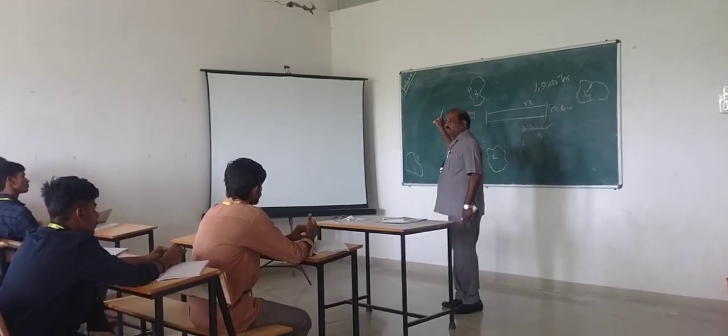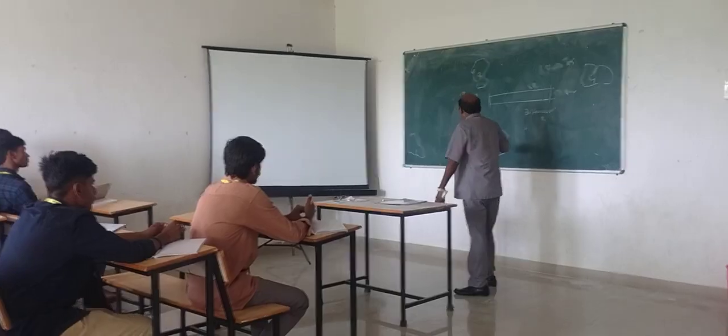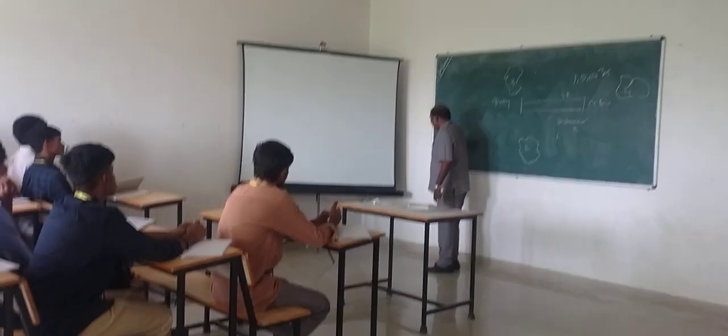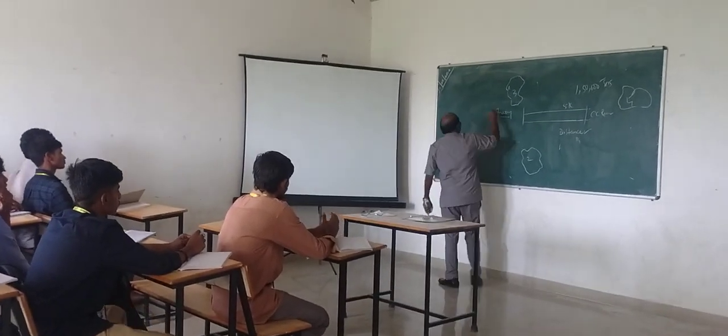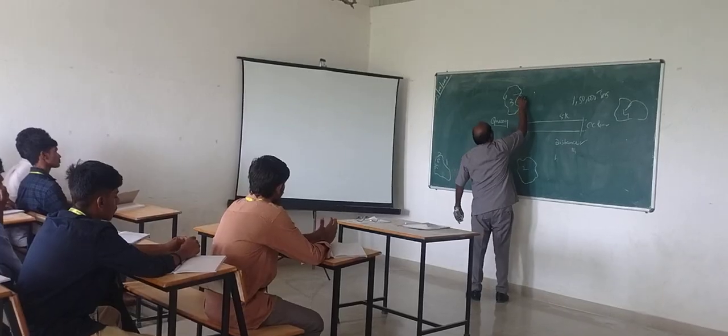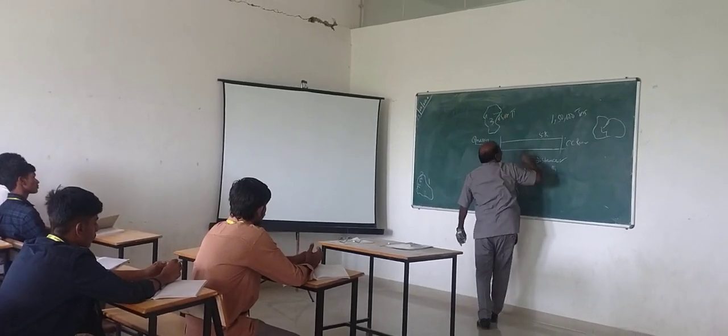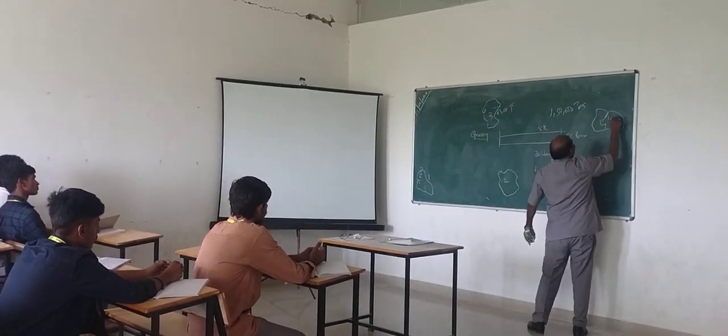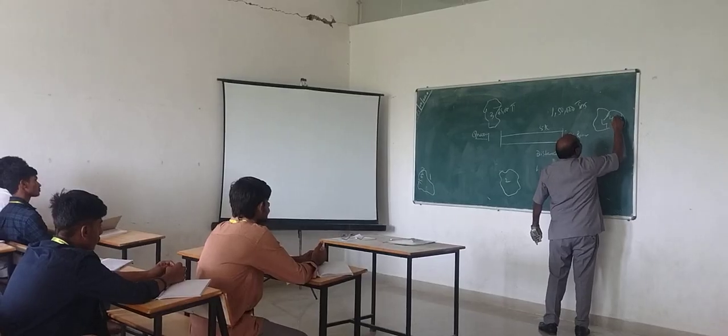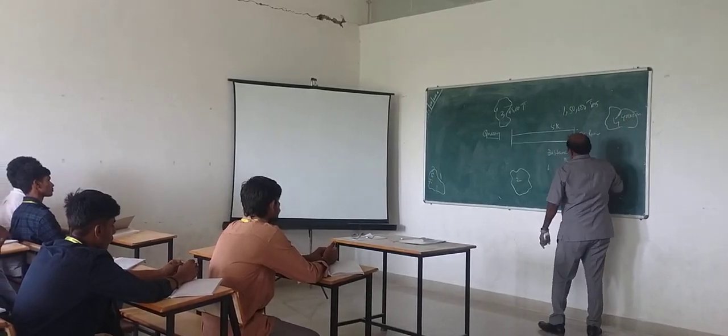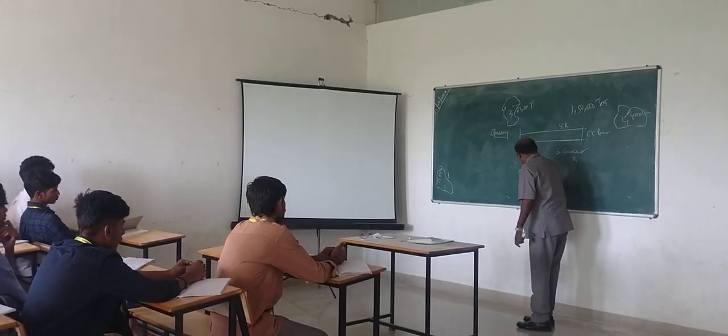This is the estimation. We have done the estimation. Whereas this one produces 75,000, this one produces 65,000 tons, whereas this one is only 40,000 tons.